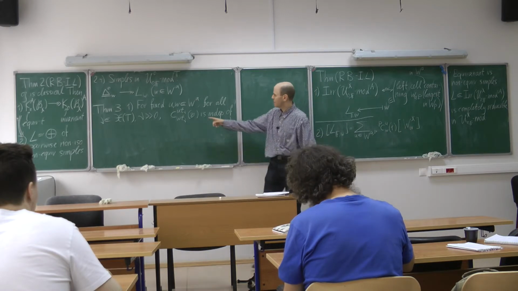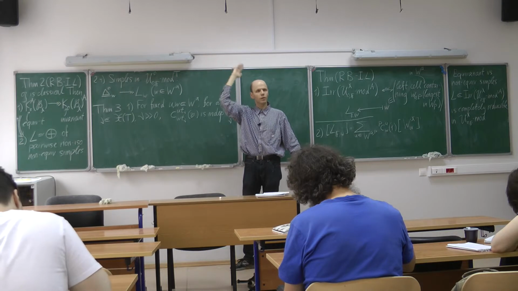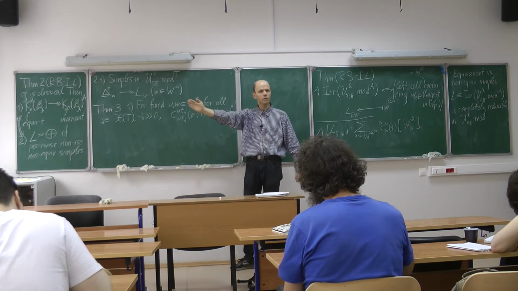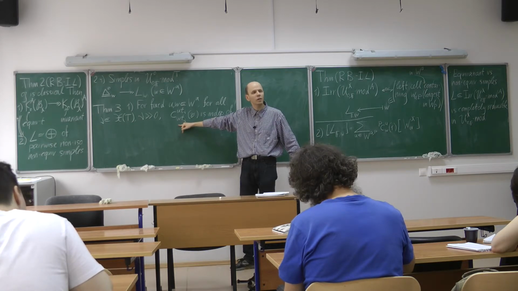So when you translate U and W deep inside the dominant chamber, the Kazhdan-Lusztig polynomial stabilizes.